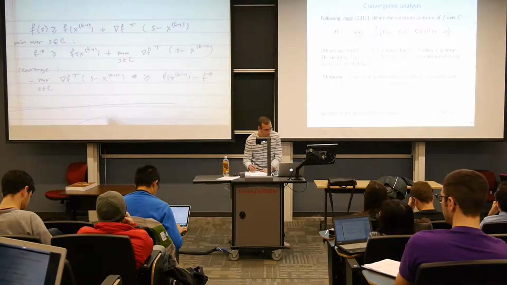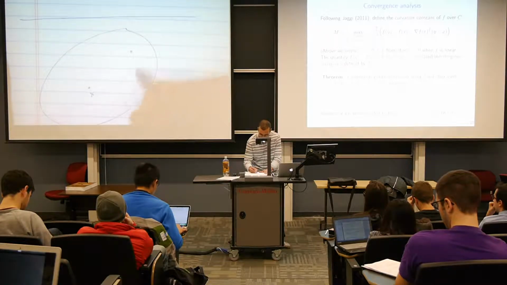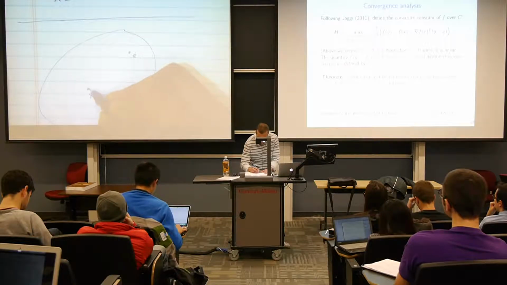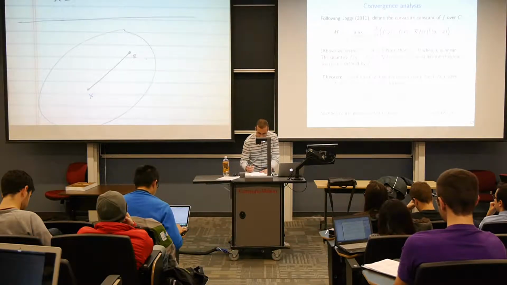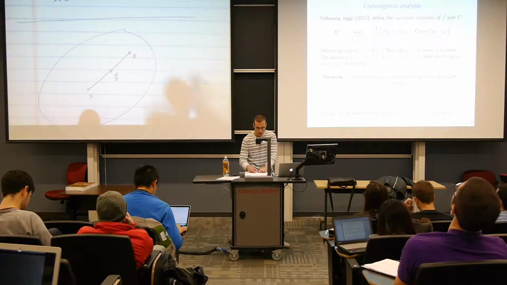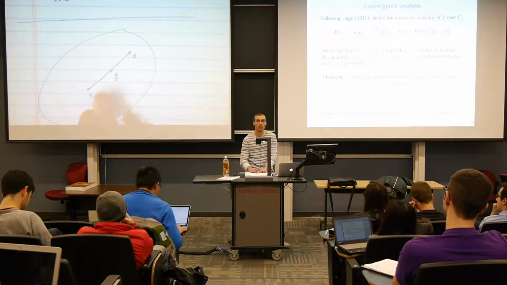Here's my constraint set. What I do is I take x and s, and I look at all points that lie in the line segment between x and s, and I call such a point y. And remember, Frank-Wolfe makes updates that look like this.